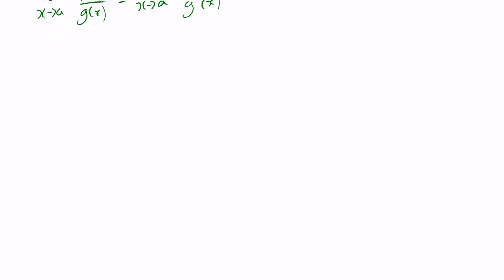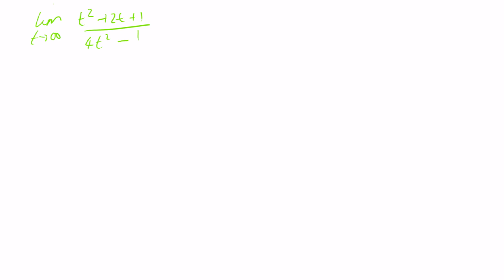What about if we have a look at a slightly different example? This time, rather than use trigonometry, we're going to have an algebraic expression. So we're going to have the limit as t tends to infinity of 2t squared plus 2t plus 1 all over 4t squared take 1.